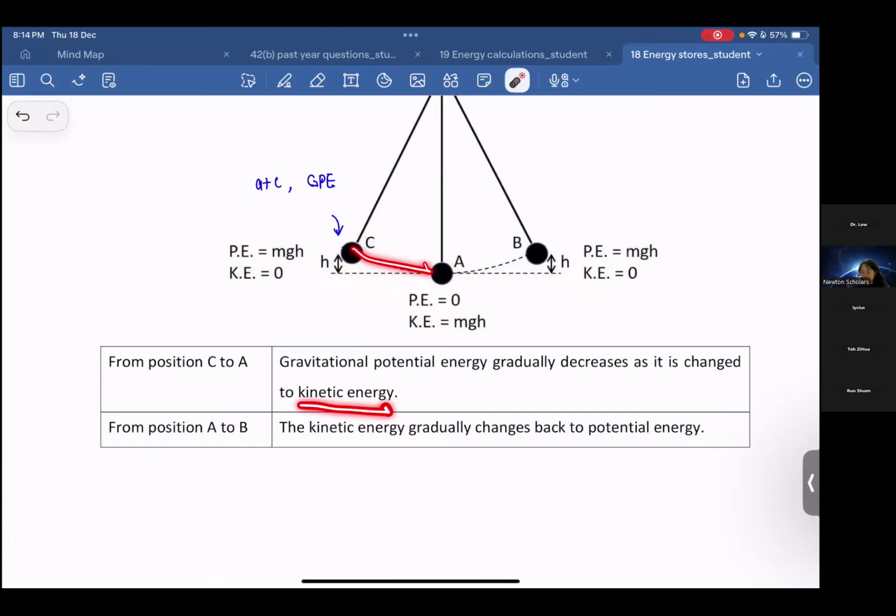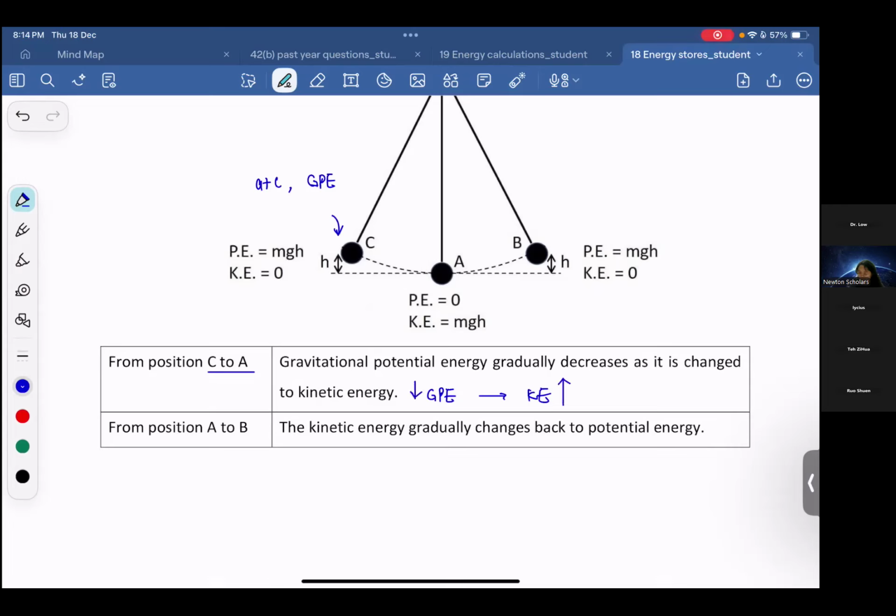It will swing, and at this point it has the highest speed, or highest velocity. All the MGH, all the GPE, is converted to kinetic energy from point C to A. So GPE will decrease, but kinetic energy will increase towards position A.